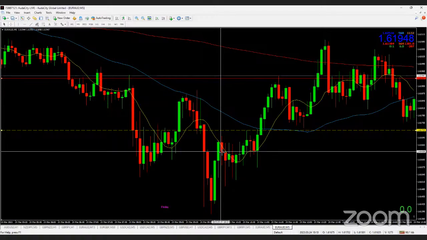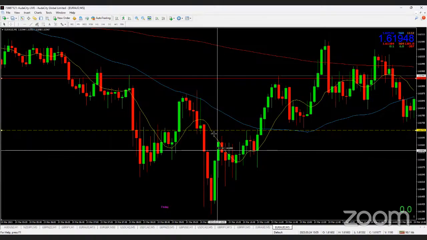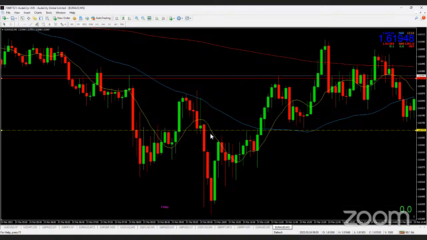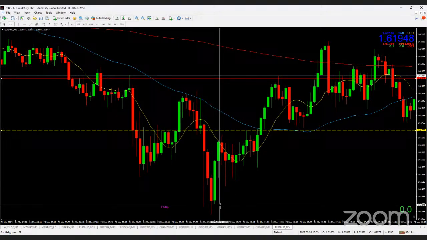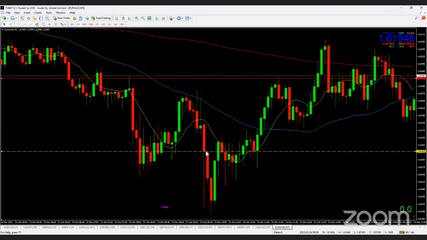I still would have entered. Obviously with this huge rejection, I would use the body instead of the whole candle, because I might not necessarily get 30 pips here.